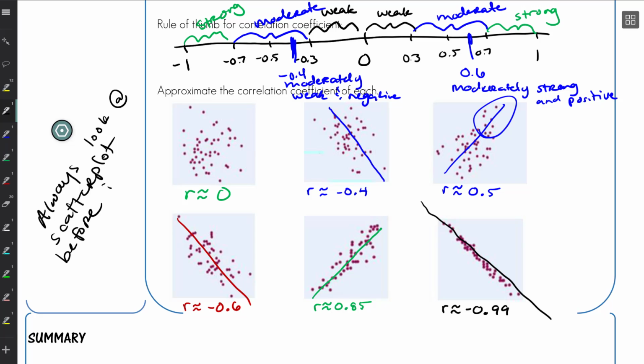You have to make sure that your scatter plot is showing a linear relationship. Otherwise, R is meaningless. If you have a curve, then R doesn't matter. This only really works for relationships that are linear.